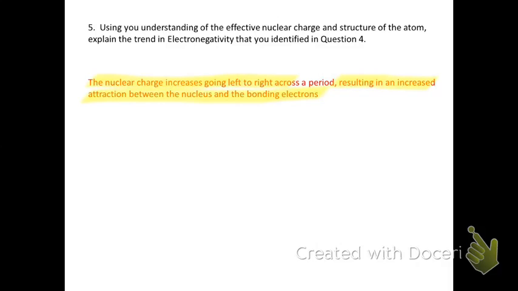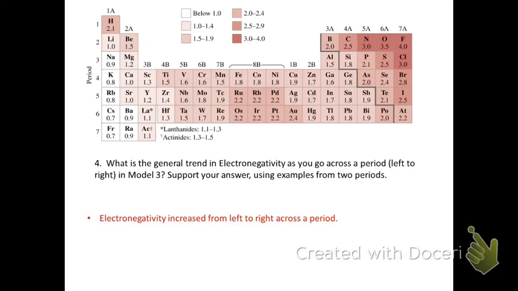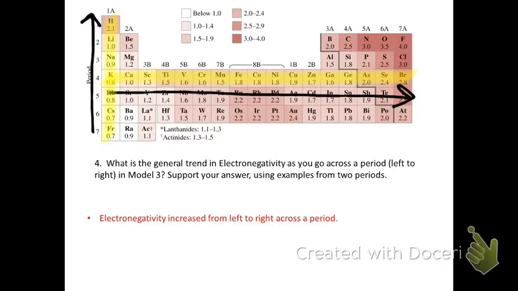All right, so if we go back to this, we can simply state that as we move across the periodic table, the electronegativity is going to increase, get larger. As we go up a group in the periodic table, electronegativity increases.